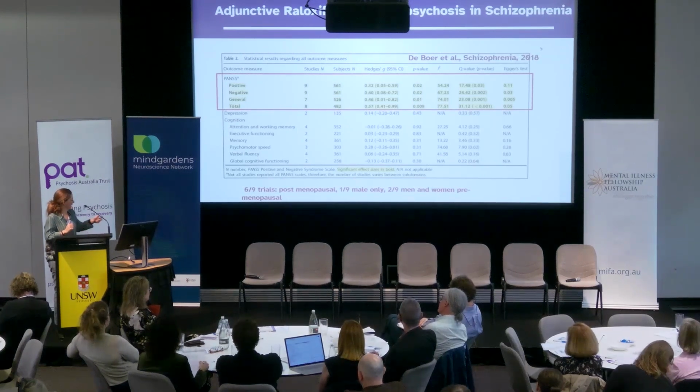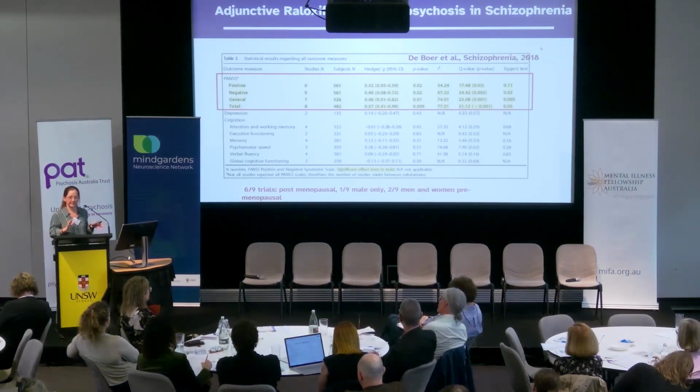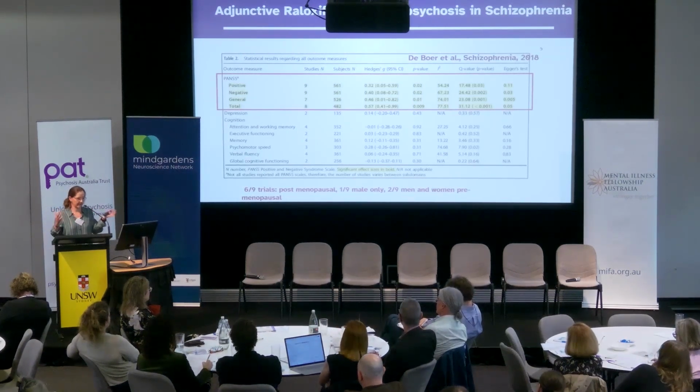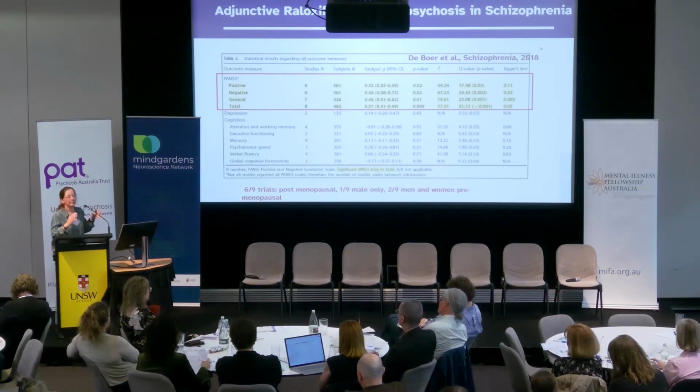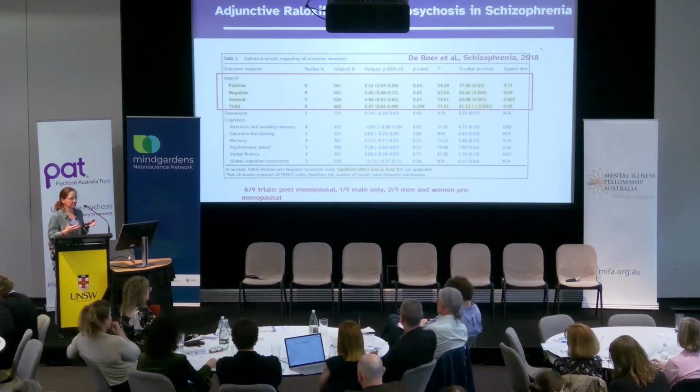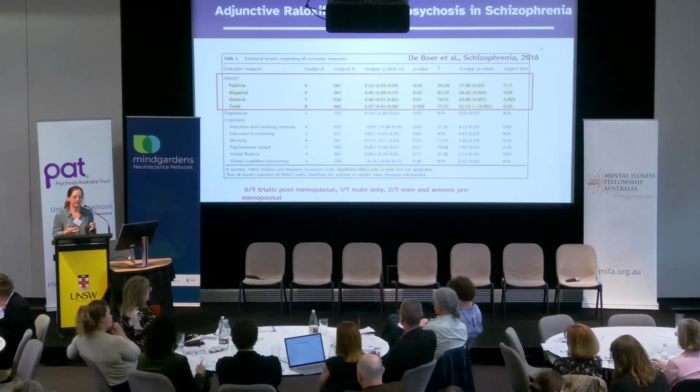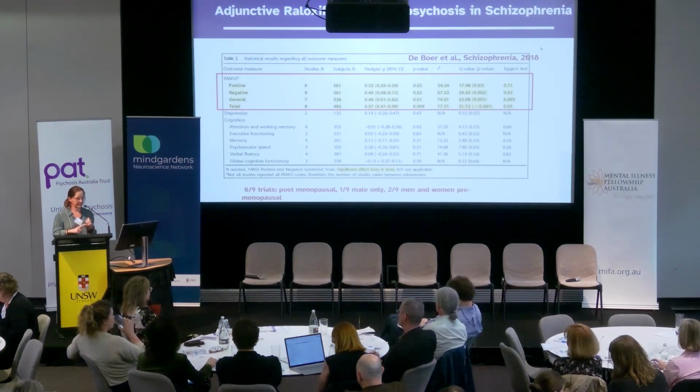But in the 560-odd patients who were involved in these 9 different clinical trials, there was a preponderance of premenopausal women, and only a couple of the trials included men and younger men and women. So there's much still to be learned about how raloxifene might improve psychosis in different sexes and at different ages.